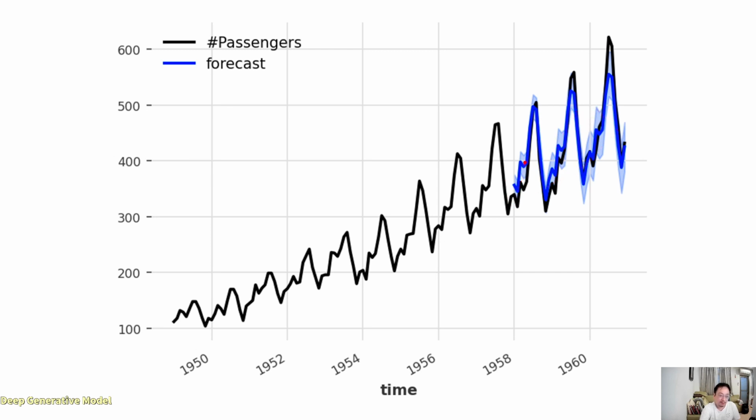So not only can it predict some value, it can also give a range, like a confidence interval, or some deviation of the prediction. So it can give a probabilistic prediction, not just a value. The prediction itself is not a number, it is a distribution, a time series of distributions.